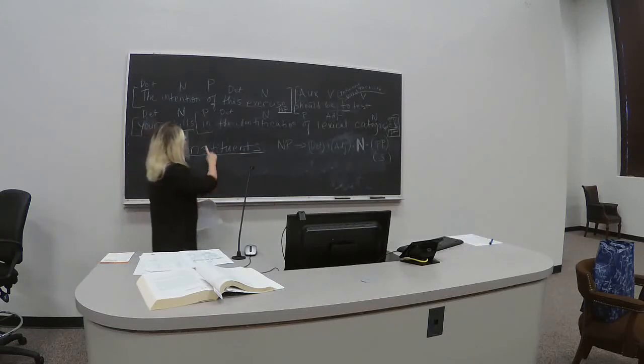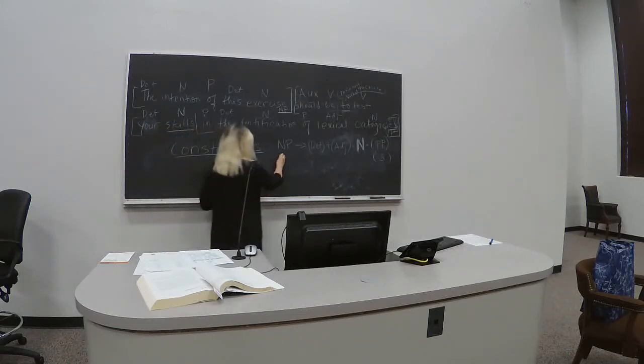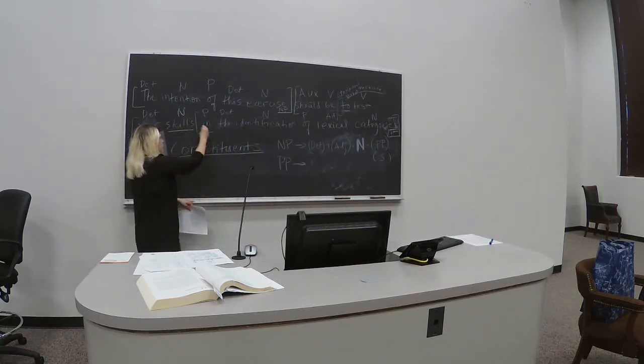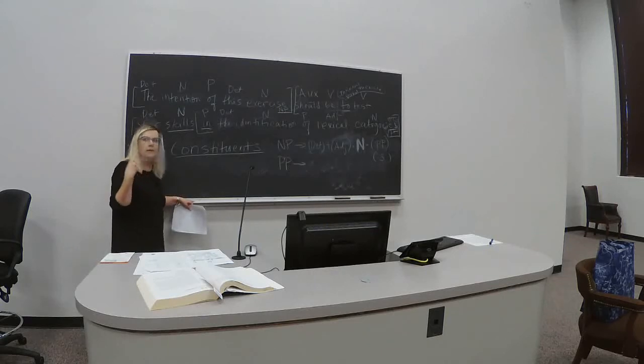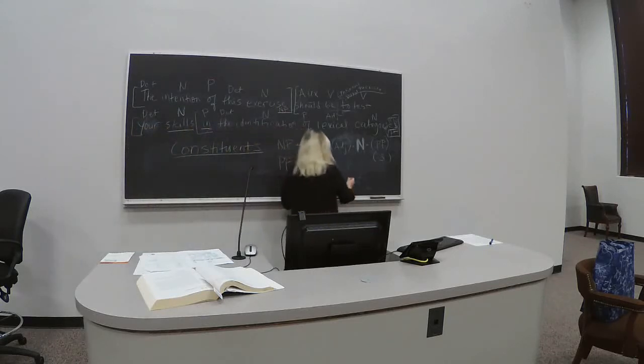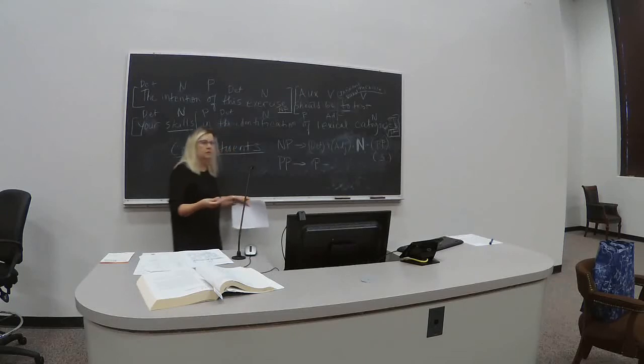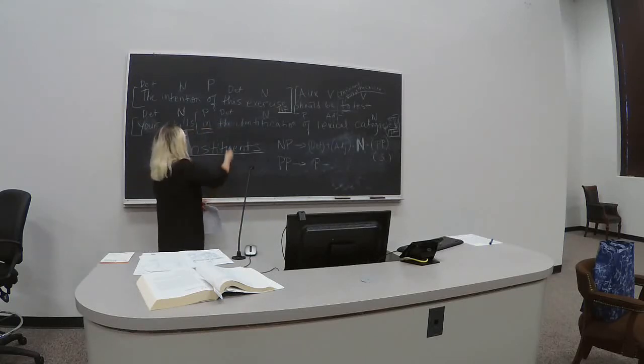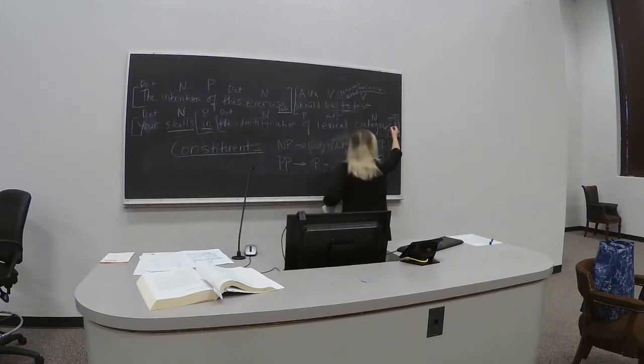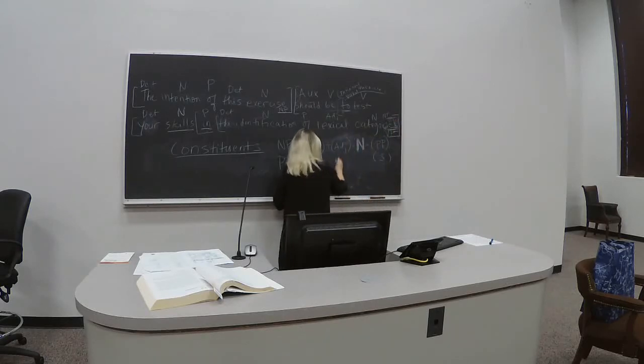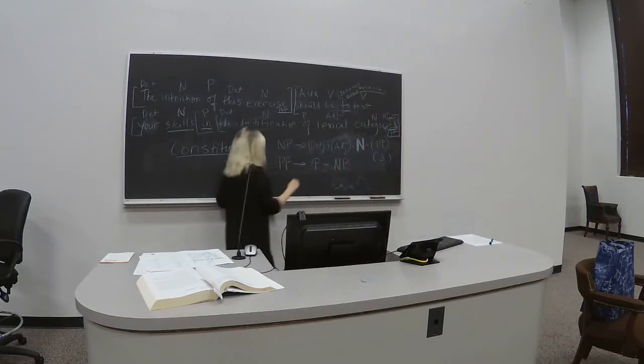So in the identification of lexical categories, we have a prepositional phrase, and the most important word in the prepositional phrase is its head, which is the preposition, right? And then a prepositional phrase obligatorily has to have a noun phrase following it. So inside the prepositional phrase, we have a noun phrase. It's getting crowded here, but this is the rule for the prepositional phrase.